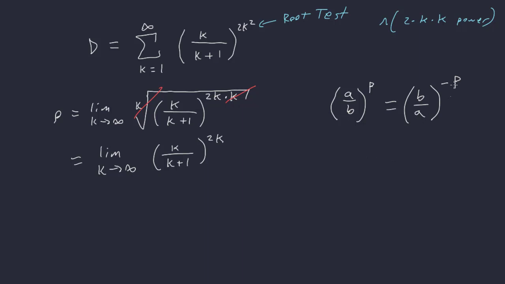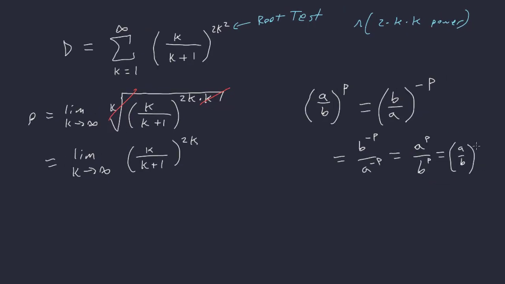Well, how does that work? If we distribute that negative to the top and the bottom, say b to the negative p all over a to the negative p, and then use the rule that a negative power means we flip around the fraction bar, so the a would come up as a to the p, and the b goes down as b to the p, and then we can rewrite this as a over b raised to the positive p.